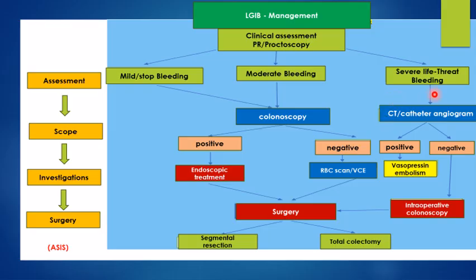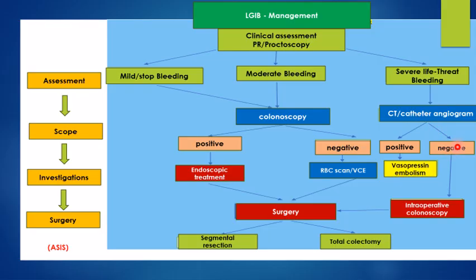The patients are usually not fit for colonoscopy, so you go for a mesenteric angiogram, and the easiest will be a CT angiogram, which is available more widely, rather than the catheter angiogram, which has to be done if necessary. If there's positive bleeding, then you can continue treatment with vasopressin or angiographic embolization through the angiogram.